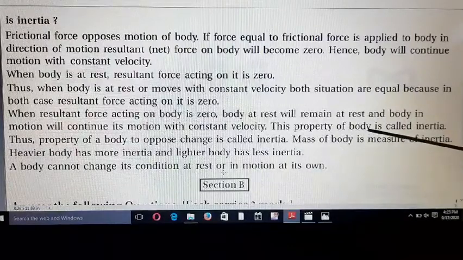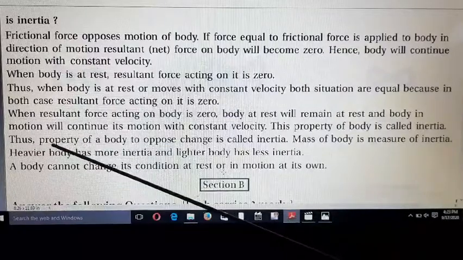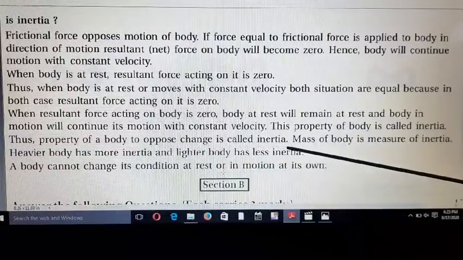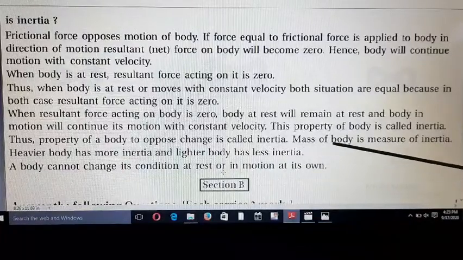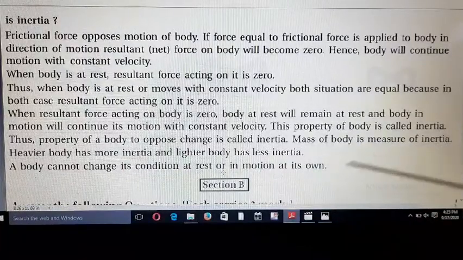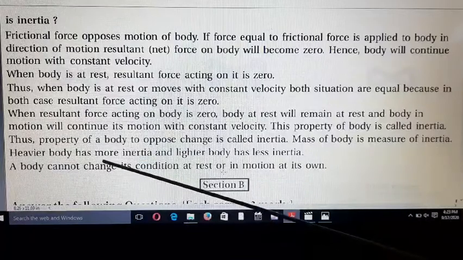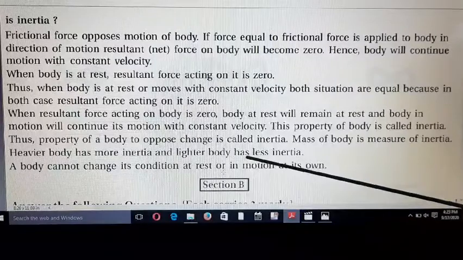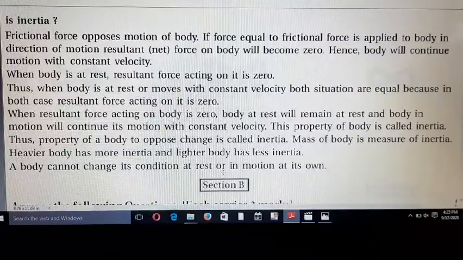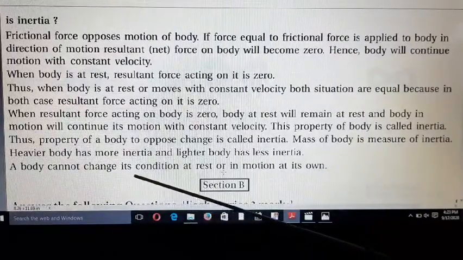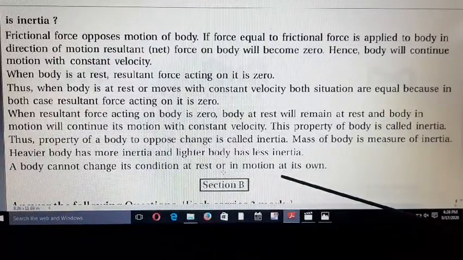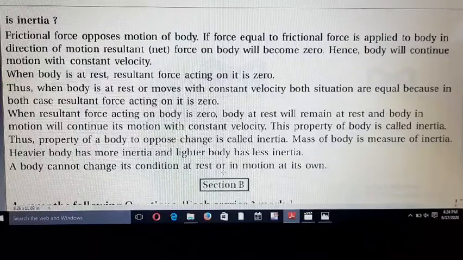This property of a body to oppose change is called inertia. Mass of a body is a measure of inertia. A heavier body has more inertia and a lighter body has less inertia. A body cannot change its condition of rest or motion on its own.